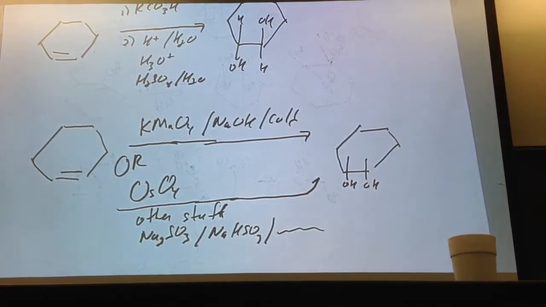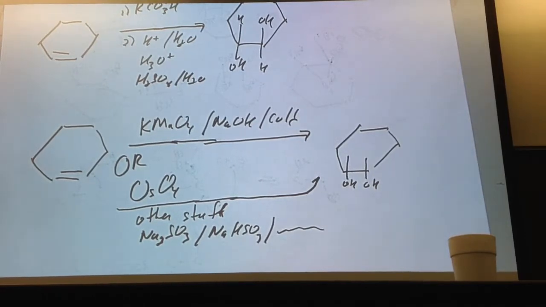And they show you the mechanism. In both cases, the carbon-carbon double bond forms a complex with either the manganese and 4 oxygens, that's MnO4, or the osmium tetroxide.